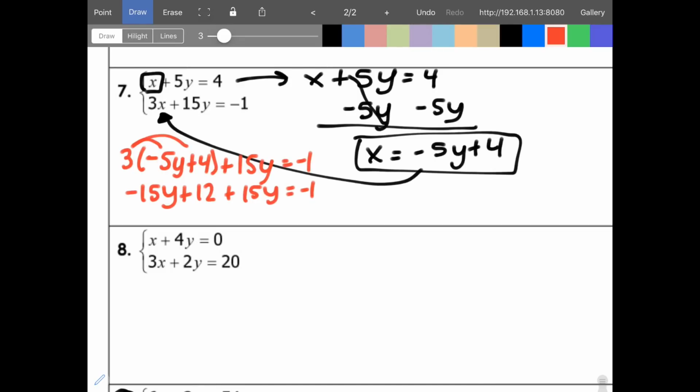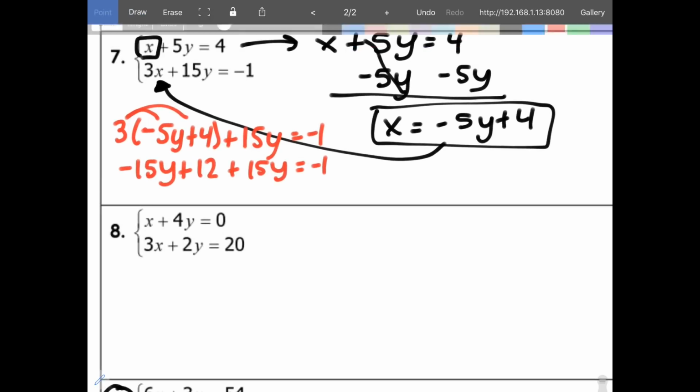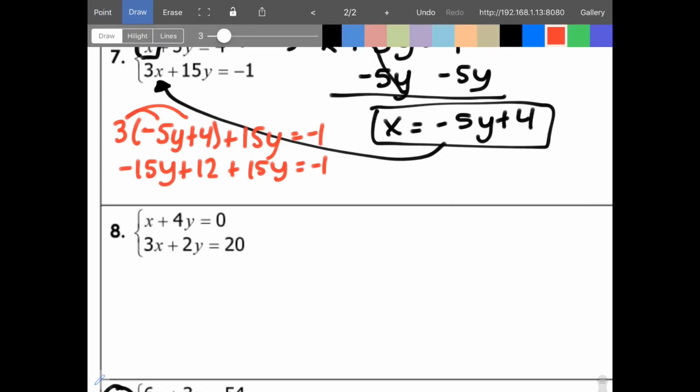Okay, look what happens on the left-hand side. Negative 15y, positive 15y. What happens there? Well, negative 15 plus 15 is 0, right? We're left with 12 equals negative 1. Is that a true statement? No, that's false. So this is no solution.